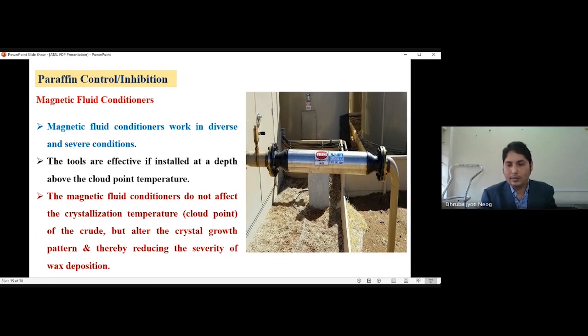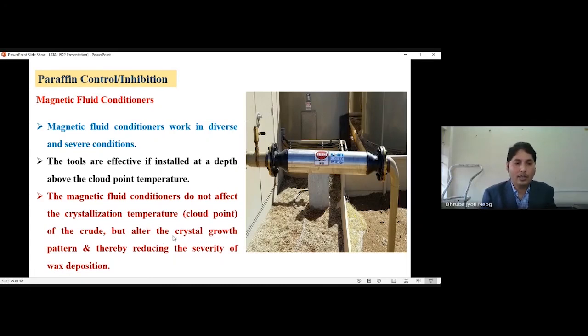Magnetic fluid conditioners. This is one of the options nowadays which is very widely getting recognition to contain this paraffin deposit. Magnetic fluid conditioners work in diverse and severe conditions, and are also effective at a depth above the cloud point temperature, and they do not affect the crystallization temperature.